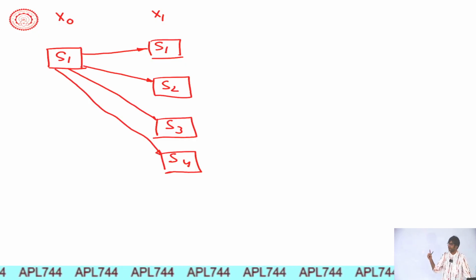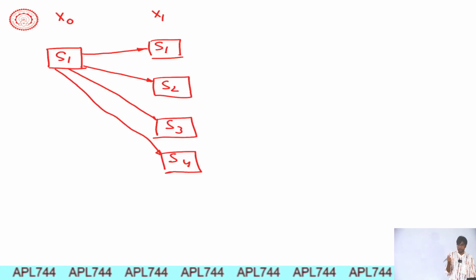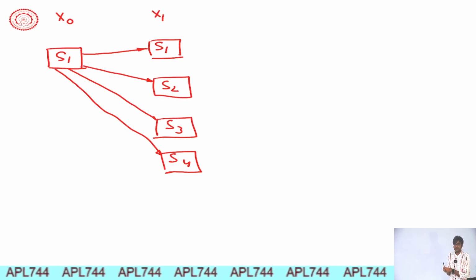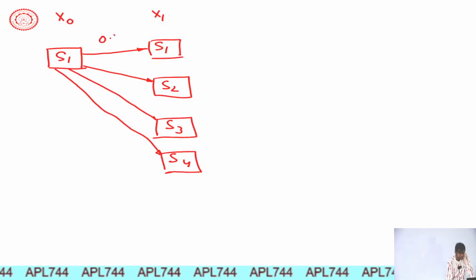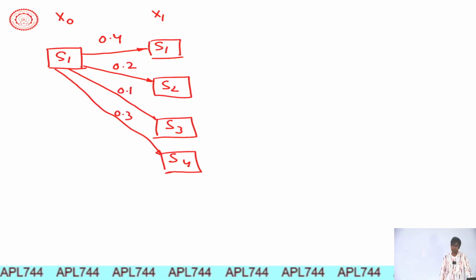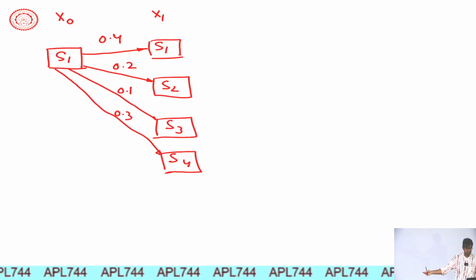So the first arrow will denote the probability of observing S1 at time t1 given S1 has been observed at time t0. That's what the first thing is denoting. Let's give some numbers. Let's say it is equal to 0.4. This is equal to 0.2. This is equal to 0.1. So 4, 2, 1, and this has to be equal to 0.3. Okay, and the summation should be equal to 1.